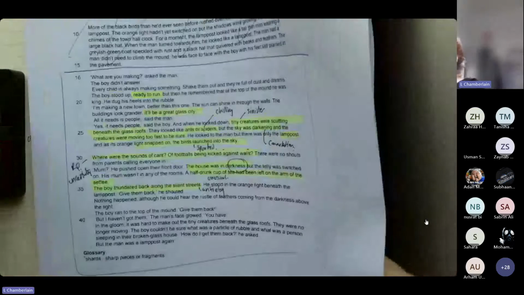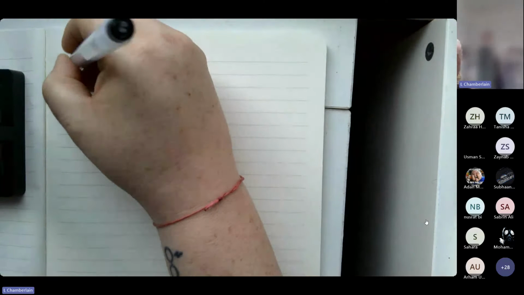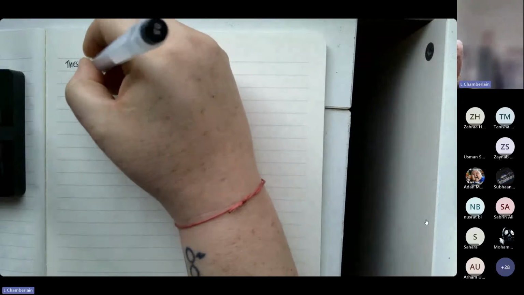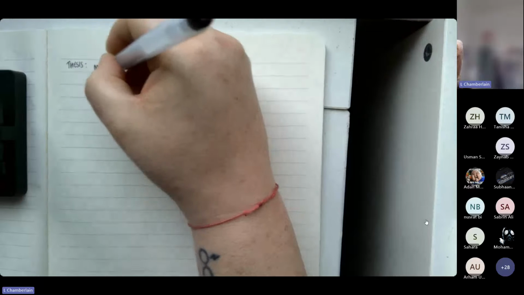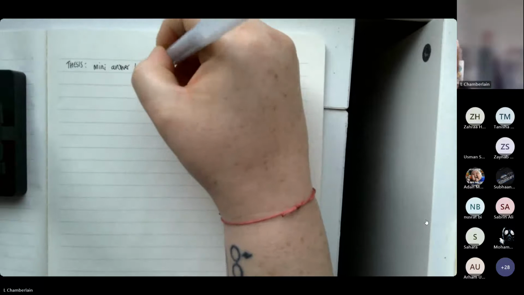Now, this is the essay that is probably the most like the essays that you would have written for literature. You're being asked to write an evaluative statement, okay? And so you're going to have an essay plan for this where you have a thesis, which in this term is like a mini answer to the question.